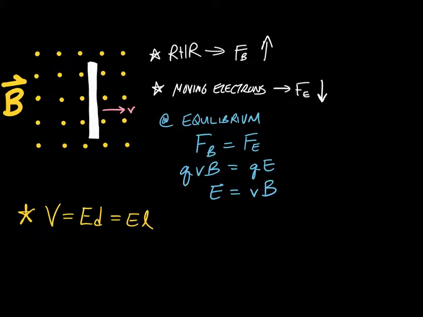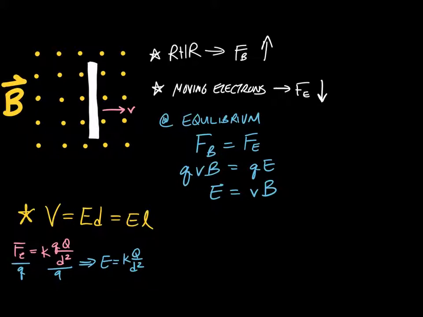Voltage equaling field times distance is just an extension of Coulomb's law. Let's do that for grins here. So remember, Coulomb's law said that you have kq per d squared. If I divide by q, then I'll get E equals kq per d squared.